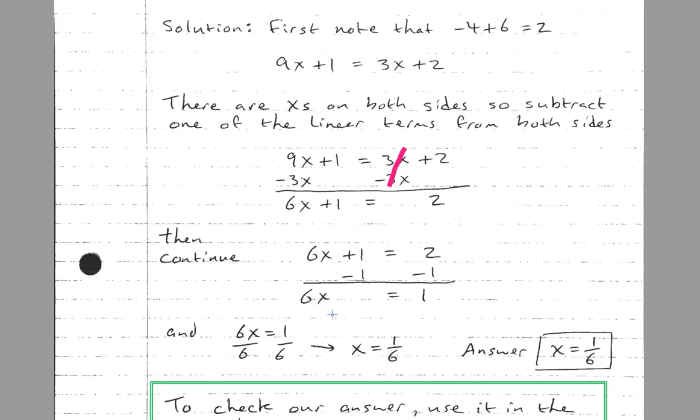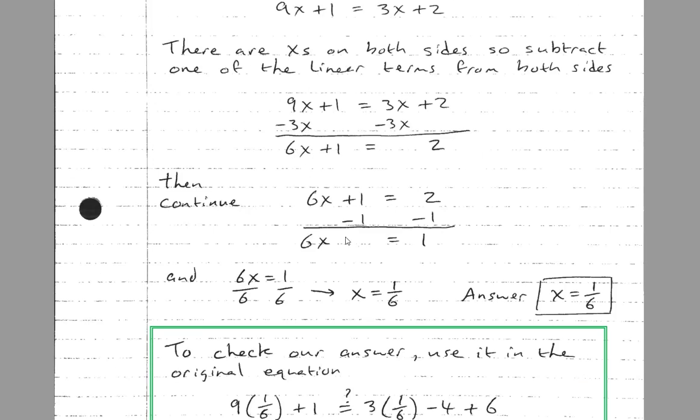And we get 6x is equal to 2 minus 1, that's 1. So 6x is equal to 1. Divide both sides by 6 to get x. 1 divided by 6, well, that's just 1 over 6.